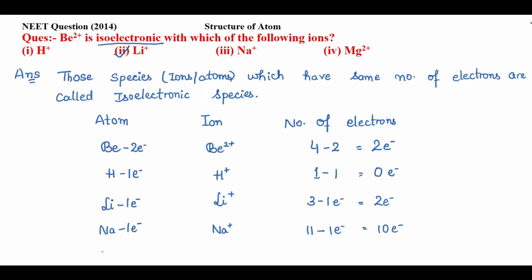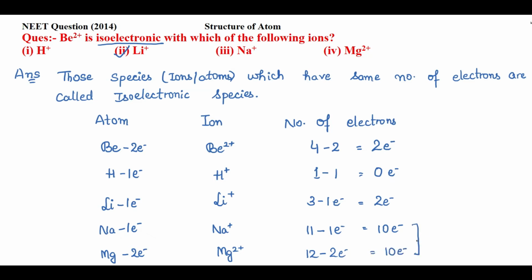Mg2 positive, if I'll subtract 2 electrons from magnesium atom, it will form Mg2 positive. So number of electrons in magnesium atom is 12 minus 2, that means 2 electrons are subtracted from this atom. 12 minus 2, it will be 10 electrons.